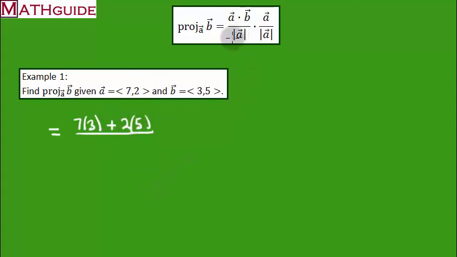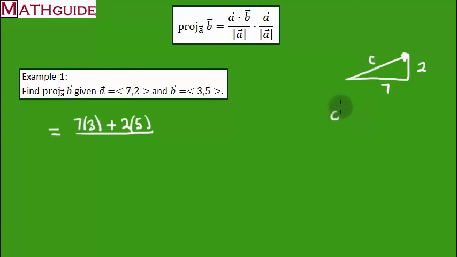In the denominator, I've got to find the magnitude of the vector, and that's vector A. So vector A goes 7 to the right, and it goes 2 up. So it looks like this: 7 to the right, 2 up. Now, of course, magnitude just means the length of the vector. So I'm going to do a little right triangle Pythagorean theorem.